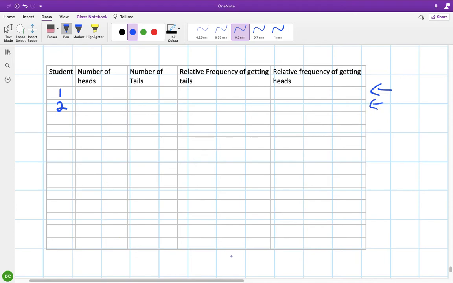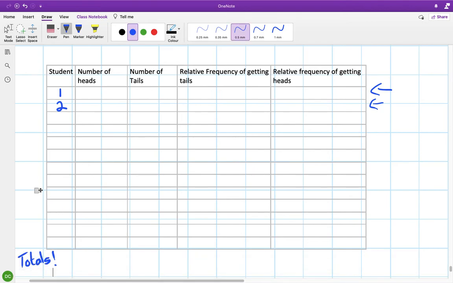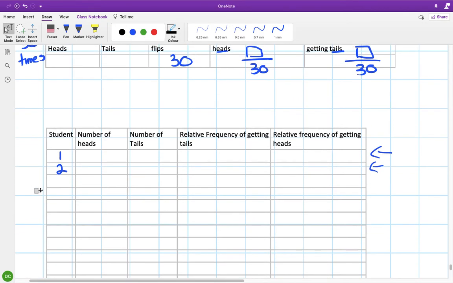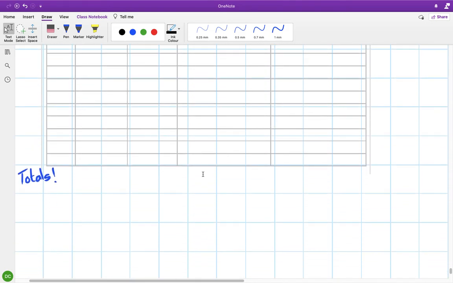We fill up this table and down the bottom we want to calculate our totals. And I'd be very interested to see if there's any difference between the relative frequencies that you calculated and the relative frequencies that you calculate when you include everybody.